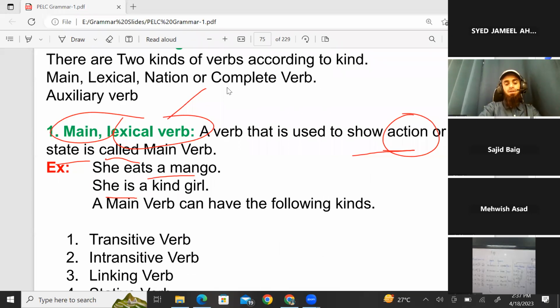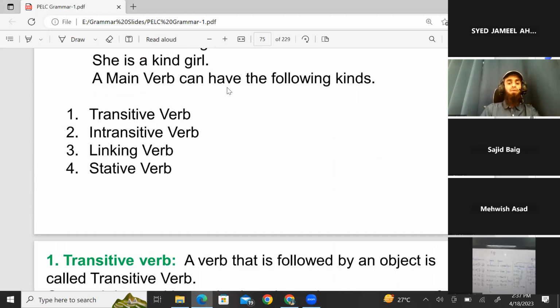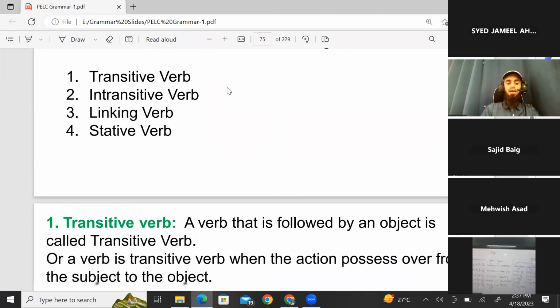She is a kind girl, right? Here eats is an action, and is shows a state of a girl. Both of these are called main verbs, lexical verbs. Next, a main verb can be divided into these four: transitive, intransitive, linking, and stative.